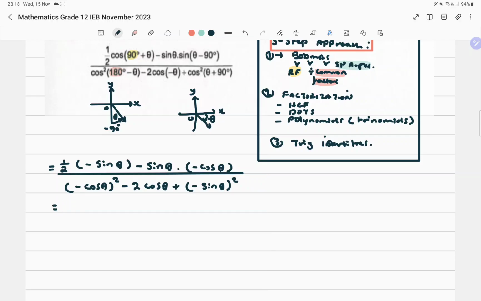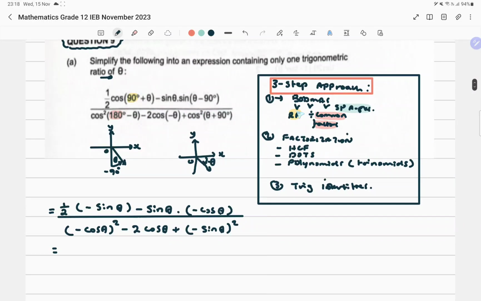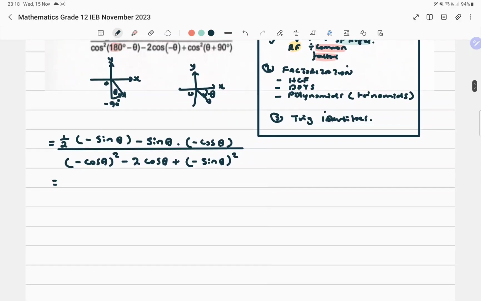Can you see, guys, all I have done here is reduction formulae, nothing else. So in my BODMAS, I was just on step 1, essentially. Now let's simplify a bit more. We're going to have a minus a half of sine theta. Minus times minus is plus, so essentially sine theta cos theta.